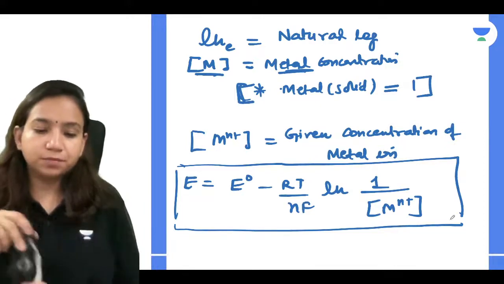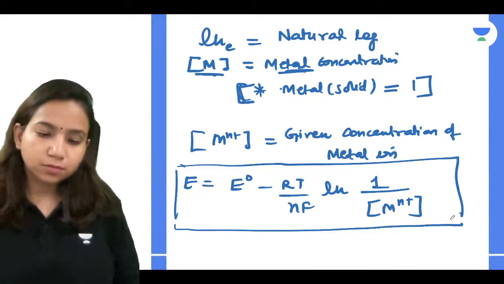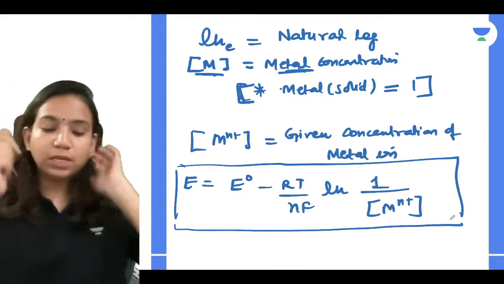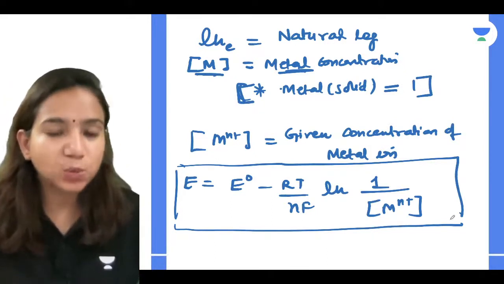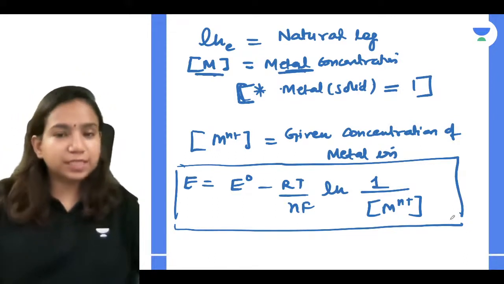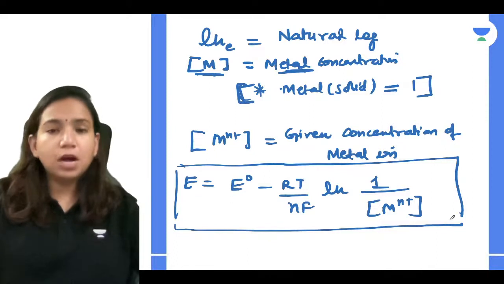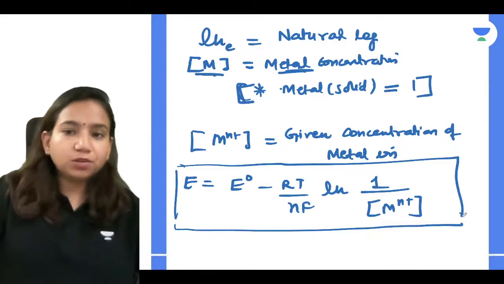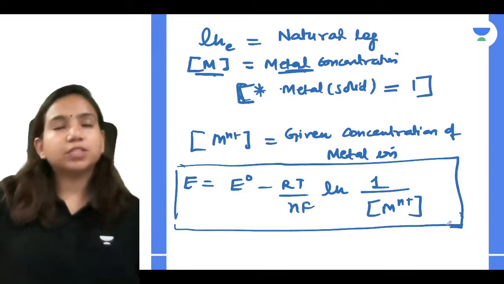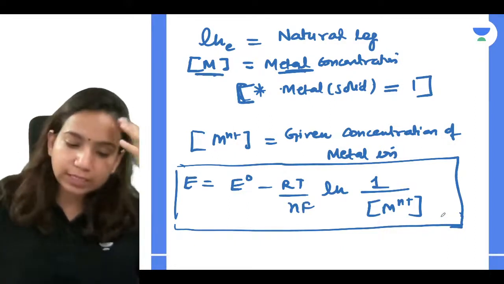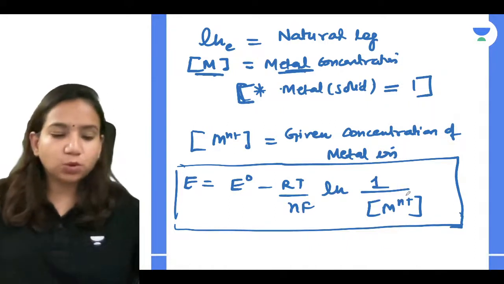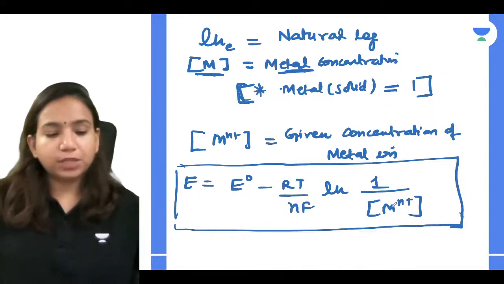There is only one metal which exists in liquid state, which is mercury. Other than that, most of the metals exist in the solid state, and that's why this is going to be valid for most metals.